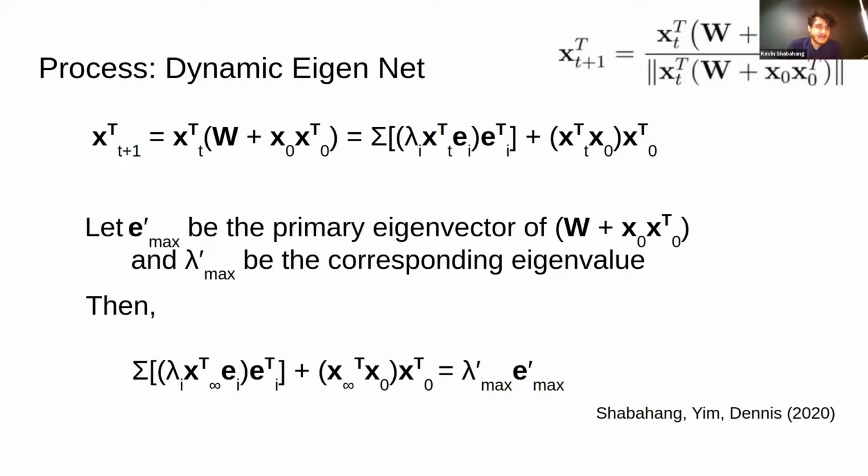So if we let E prime max be the primary eigenvector of the W plus X naught X naught transpose term, the modified weight matrix, and lambda prime max be the corresponding eigenvalue, then we see that in the steady state, the state of the system converges to the primary eigenvector of the modified weight matrix. This modification is transient, which means we return back to the original weight matrix once the settling has terminated.